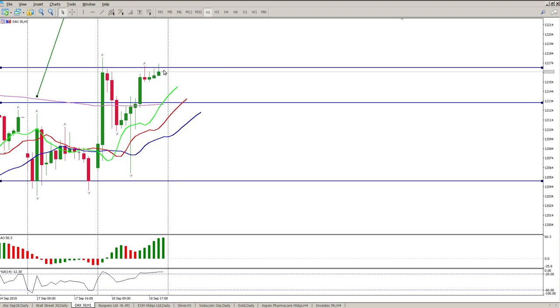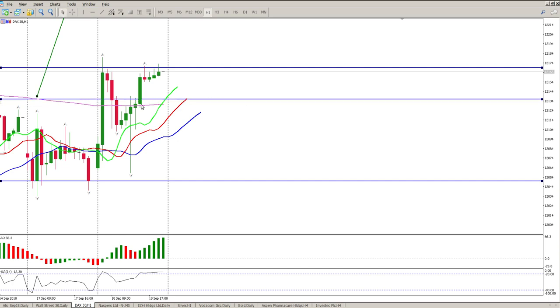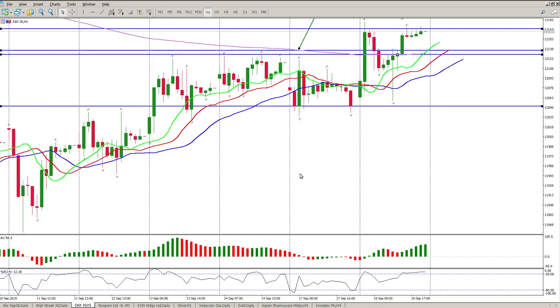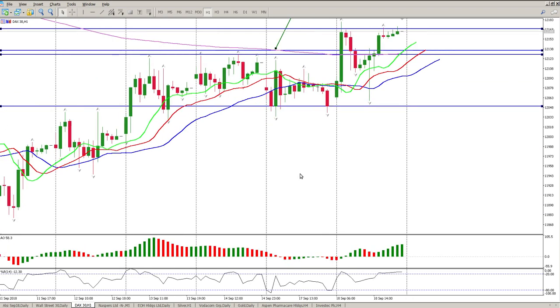So I would expect a bit of a pullback, and the most logical place to pull back to is going to be 12,136 to 12,130. That is a zone that I would like to see a pullback into, and then an opportunity to get long again. Okay, so that's kind of my take on this at the moment.